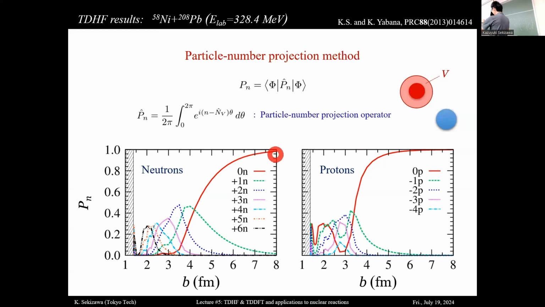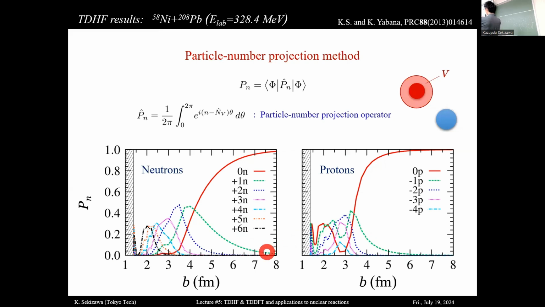But as the impact parameter decreases, two nuclei start to exchange nucleons like this. So you can see some 1 neutron transfer probabilities and 1 proton transfer probabilities as well. But because of the Coulomb repulsion, proton transfer has a shorter tail as compared to neutrons.